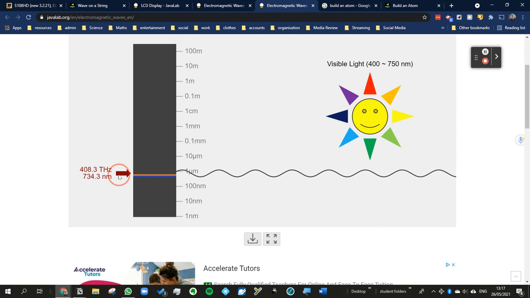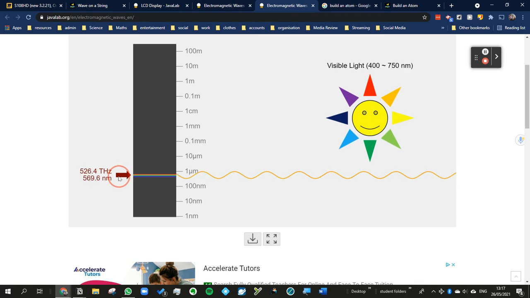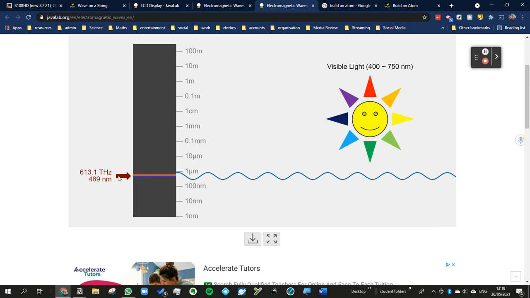And within this range, we have a tiny little range, which is the visible light, only between 400 and 750 nanometers. So it really is a very small amount that we're able to detect. But the other types of electromagnetic radiation are basically the same as what we can detect. We just can't detect them.